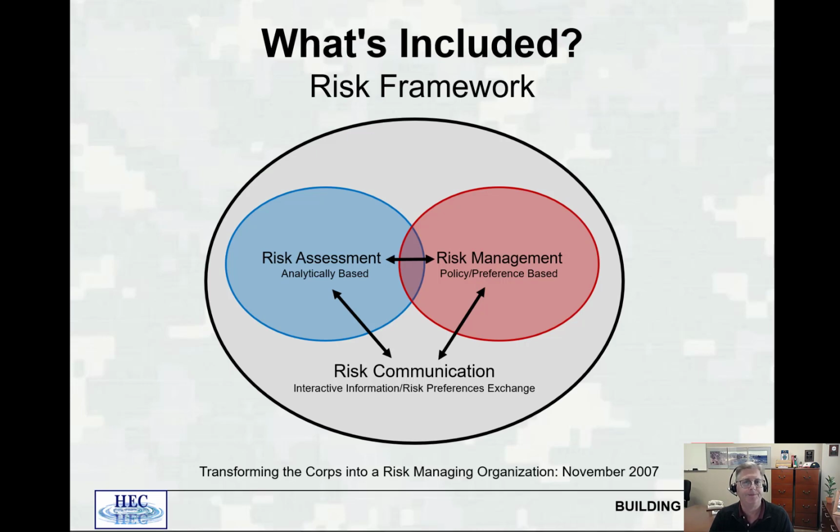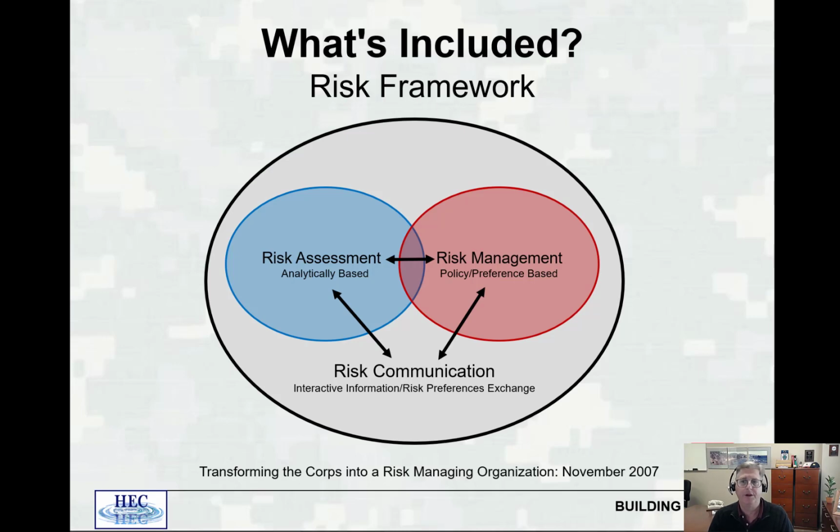So what's included? Risk frameworks, another thing that's included. The risk framework is really a decision-making process comprised of a risk assessment, which is where the engineers, the economists, the geotechs are doing their engineering analysis. There's risk management, which is the policy preference-based piece, where actions are considered and discussed. And then there's risk communication.